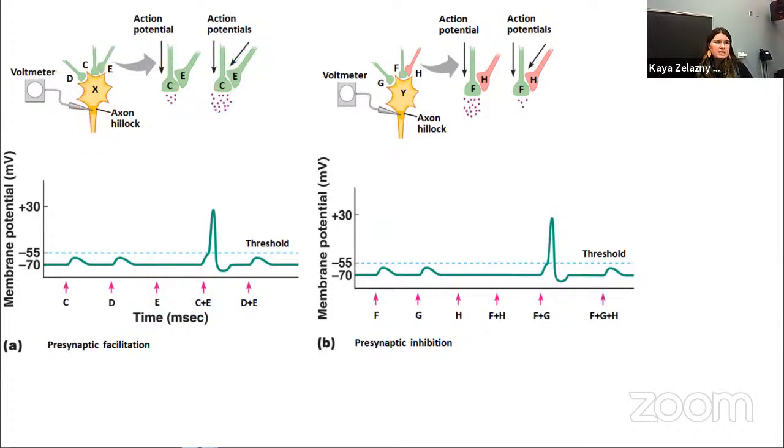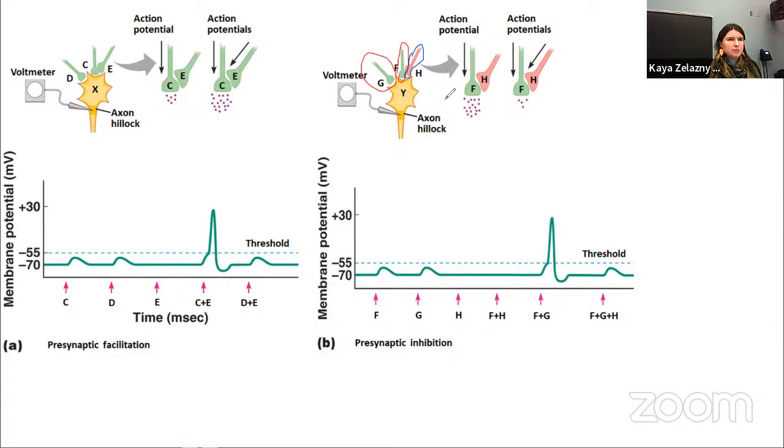Now, in our presynaptic inhibition, right, what we see is we have neurons G and F, right, in the same place as D and C originally. And now we have neuron H modulating neuron F, right? So we're modulating neuron F the way that E was modulating neuron C in the previous diagram, okay?